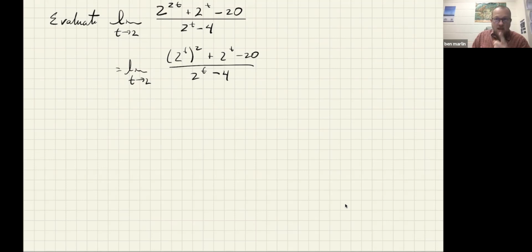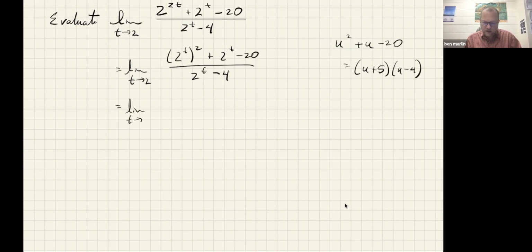Now, if it's giving you a headache to deal with factoring a 2 to the t, you might think of this as u squared plus u minus 20, which you could factor into u plus 5 and u minus 4. What we've done is to just use a variable in there as a placeholder so that our heads did not explode.